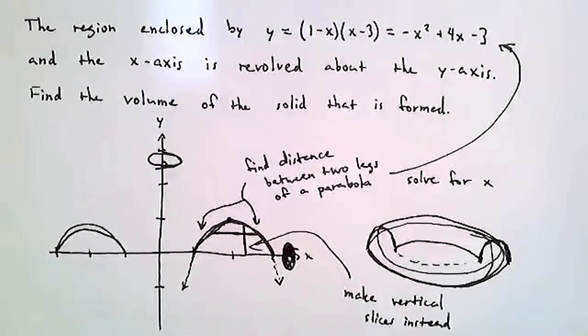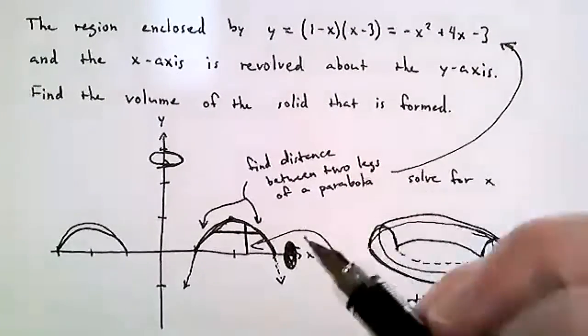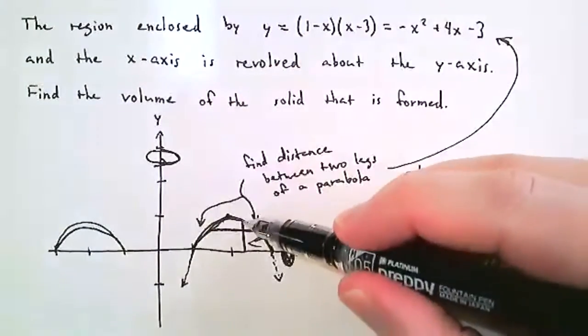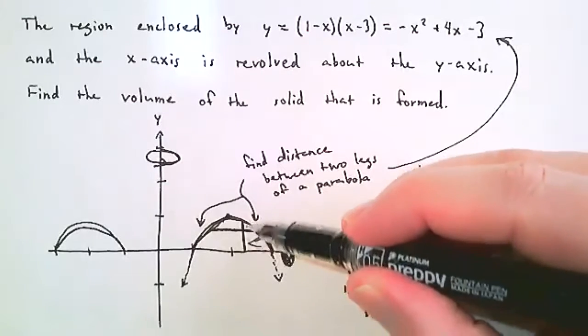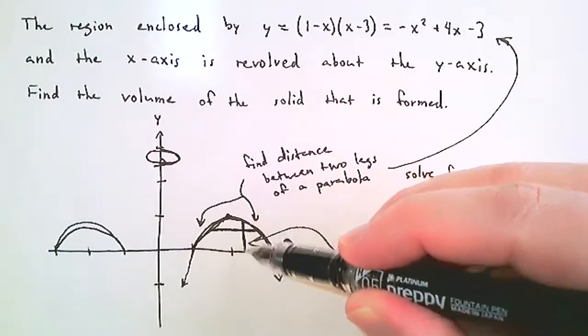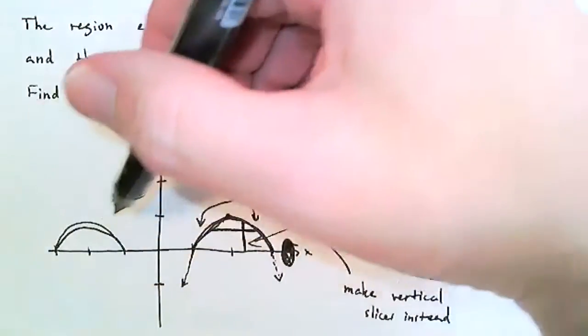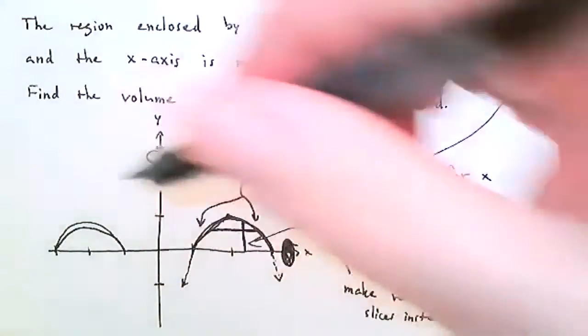Looked like my connection was a little unstable there. Looks like it's fine again. So think about what happens when you revolve this vertical segment, this slice, around the y-axis. So what kind of shape is it going to form? Any ideas?